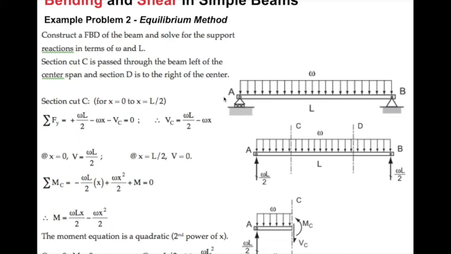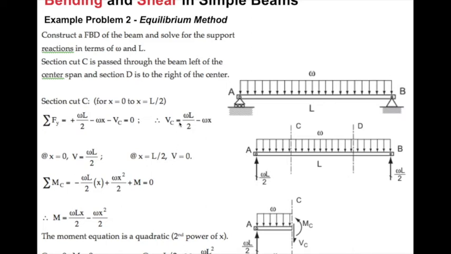Okay, now let's start to solve problem 2. This is a beam with a normal uniform distributed load. So first we calculate A and B. The vertical reaction force is omega W divided by 2, and for point A, it's also this number.